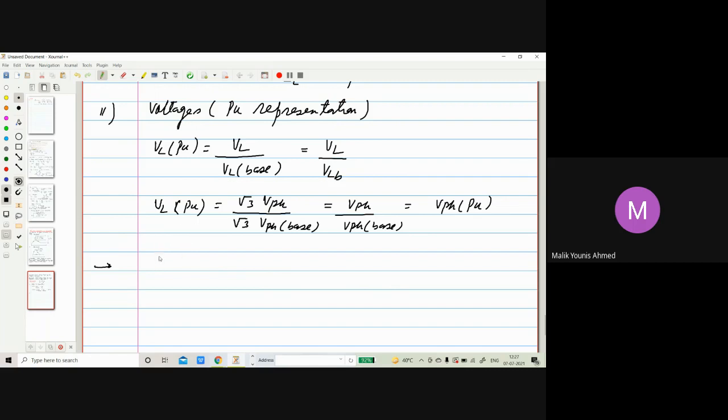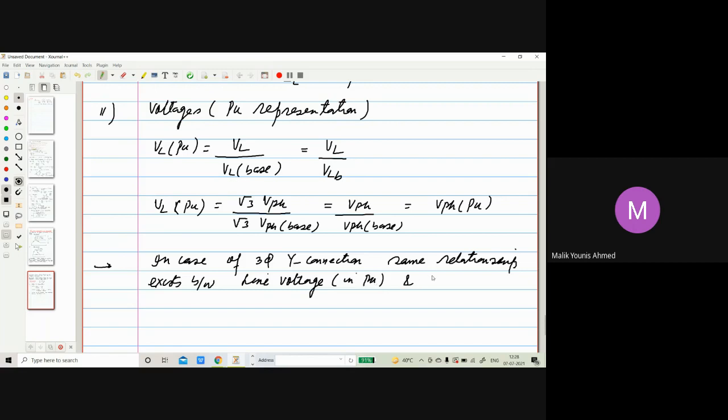In case of three phase star connection, the same relationship exists between line voltage in per unit and phase voltage in per unit, that is, both values are equal.